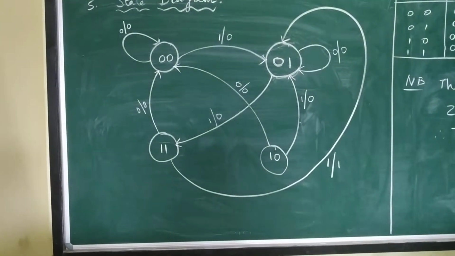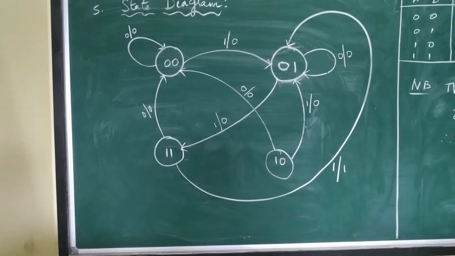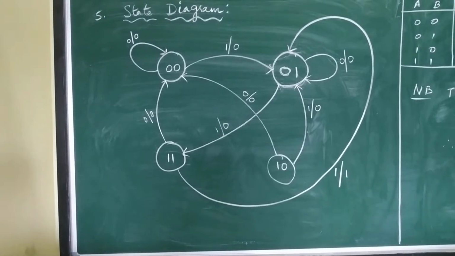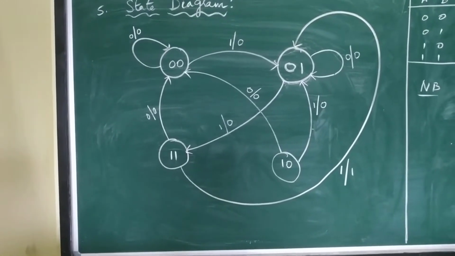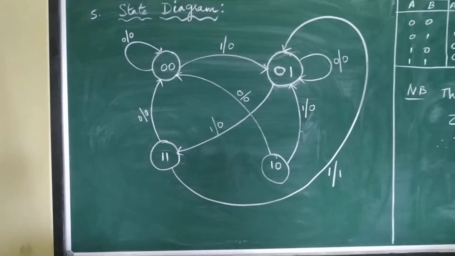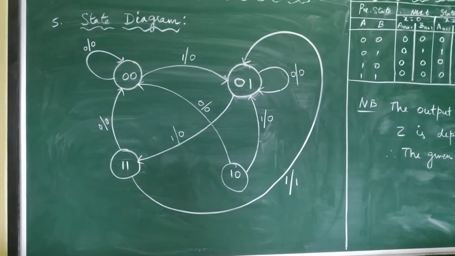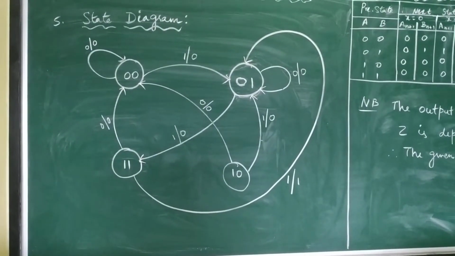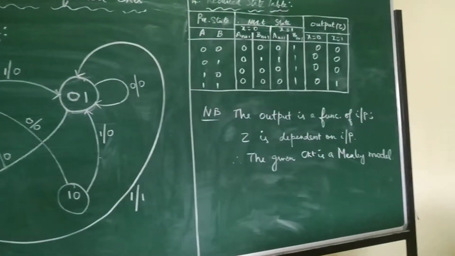The state diagram helps us to identify the circuit's response to a particular set of inputs. It clearly shows the transition of states from the present state to the next state and the output for a corresponding input. So the state diagram should be done with a prerequisite understanding that the given circuit is a Mealy model.